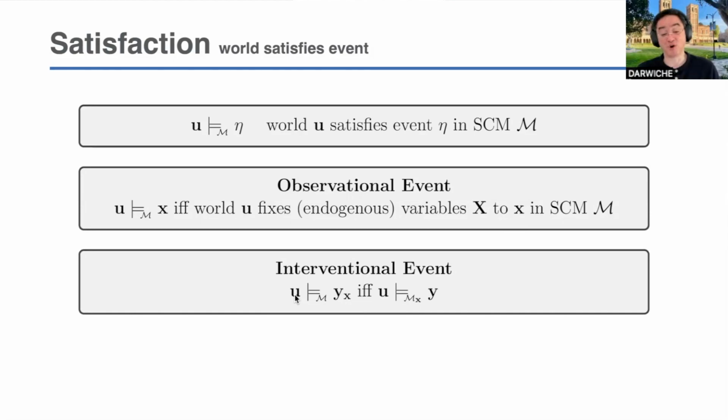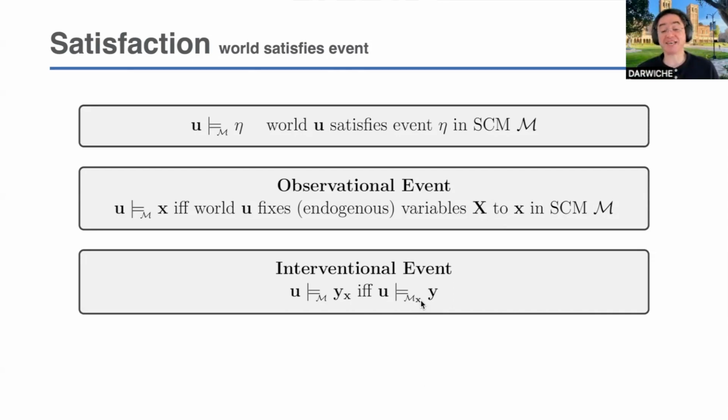So I have a world, and I'm asking, is it true that in that world, if I set x to this value, then y will take on that value? I can reduce this to a question of the first type like this. Okay, it's very subtle. I take the model M and I replace it by this. This is the submodel that I showed you earlier how to compute, where you take the structural causal model and replace it by another one.